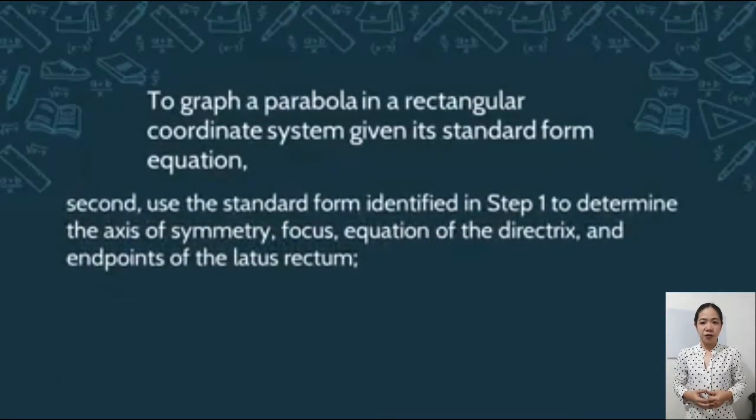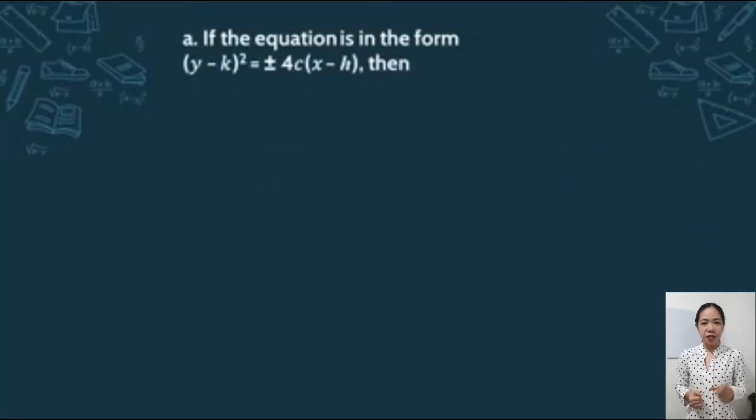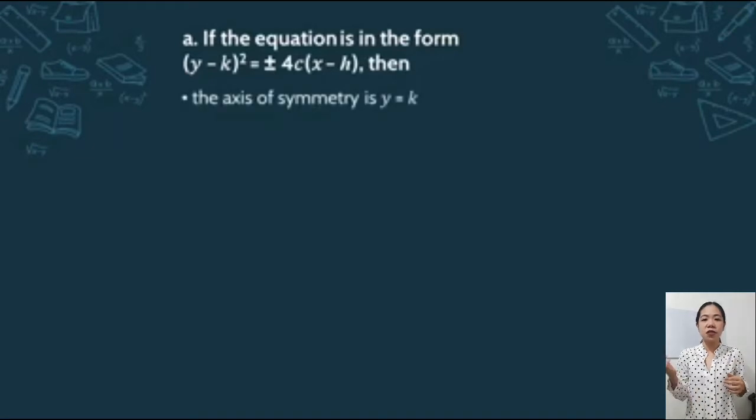Second, use the standard form identified in step 1 to determine the axis of symmetry, focus, equation of the directrix, and endpoints of the latus rectum. Take note of the following. If the equation is in the form the quantity of y minus k squared equals positive or negative 4c times the quantity of x minus h, again that is a graph opening either to the left or to the right.